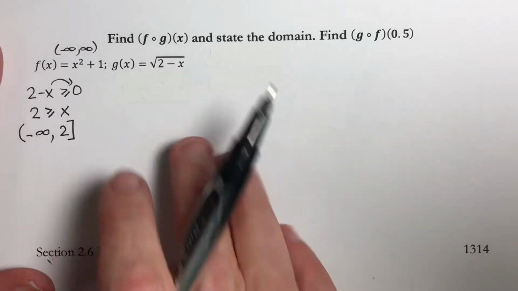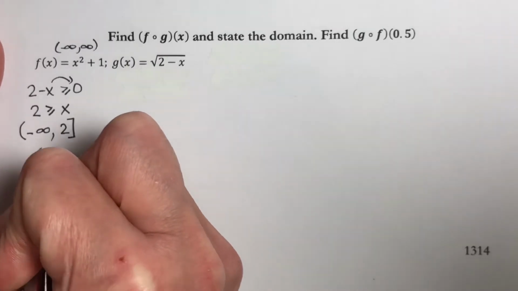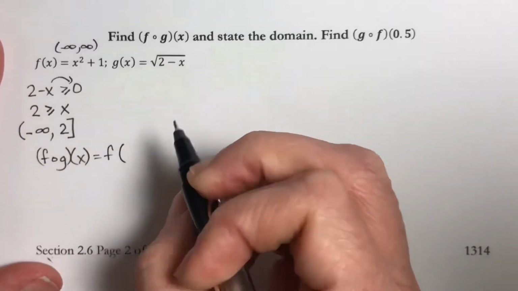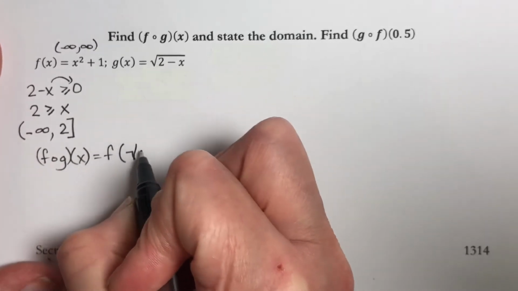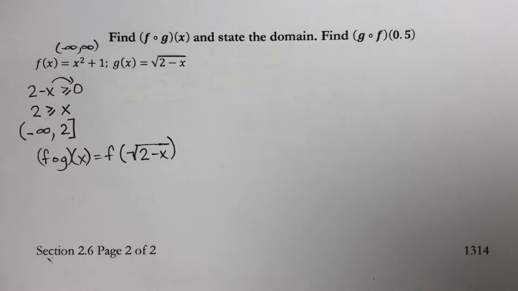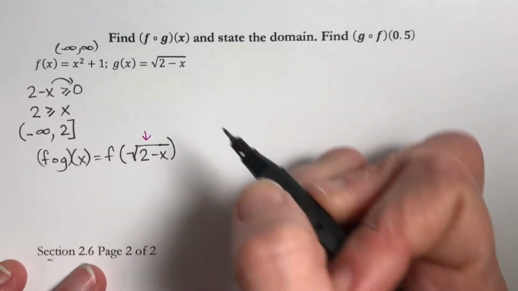Okay, so now let's find f of g of x. So this is f of the square root of 2 minus x. Now remember, when we're finding domain, we have to consider the domain of the piece we're plugging in.